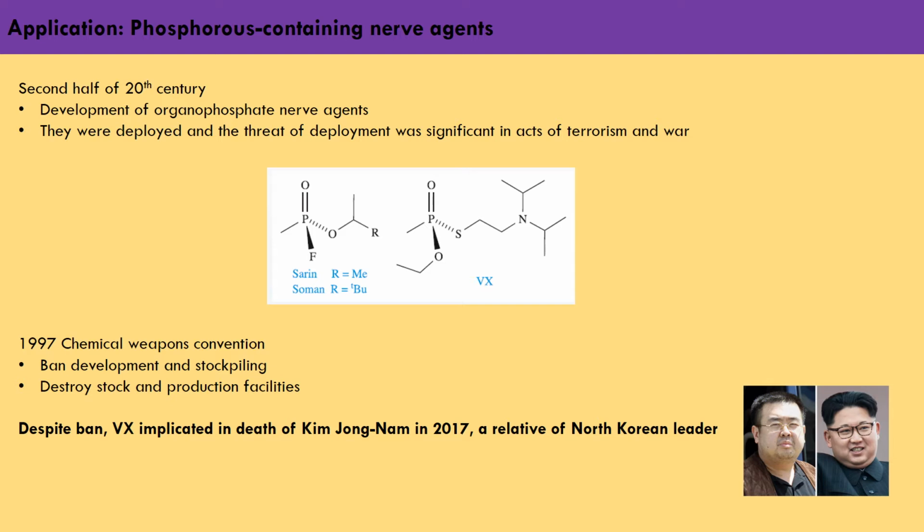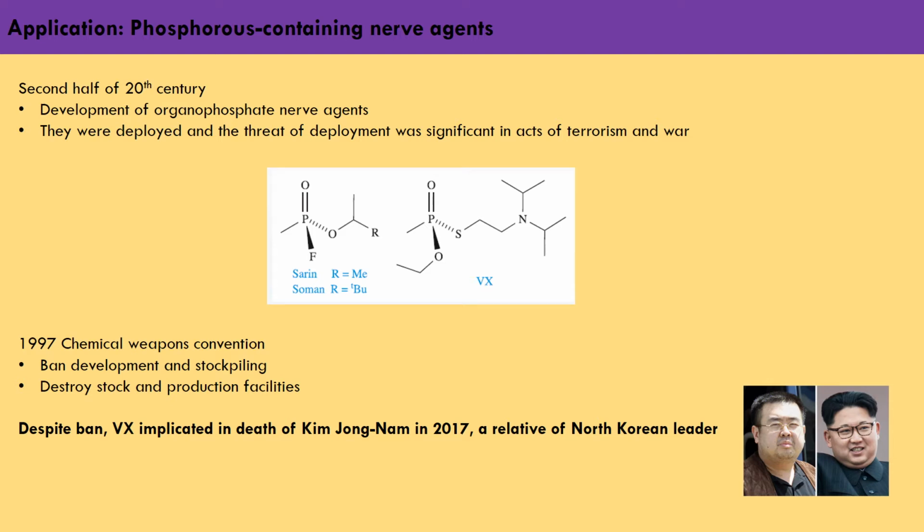And you can see the general structure there is a central phosphorus atom, which is bound to various different groups. But the key theme is that there is always some kind of organic group that's bound to a phosphate-like group.